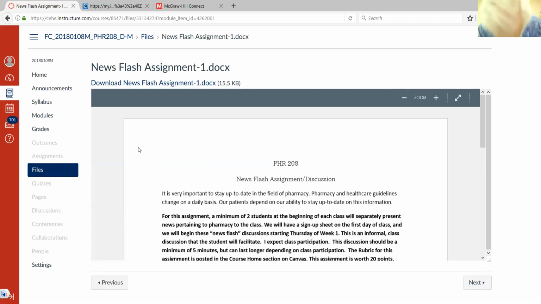So that's a good source, but you can also look at the FDA's website periodically.